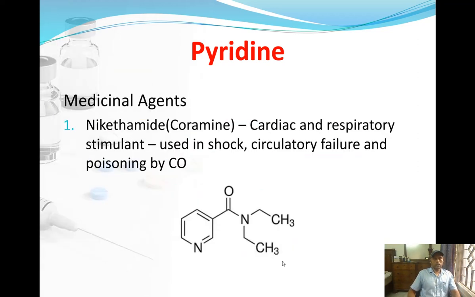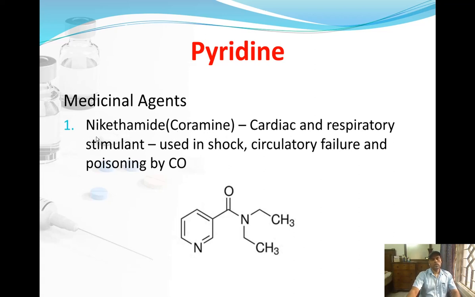So next is using pyridine derivatives in medicinals. I mean, nicotine is the natural product, so these are the artificial products, or the products synthesized in the laboratory for medicinal purpose.